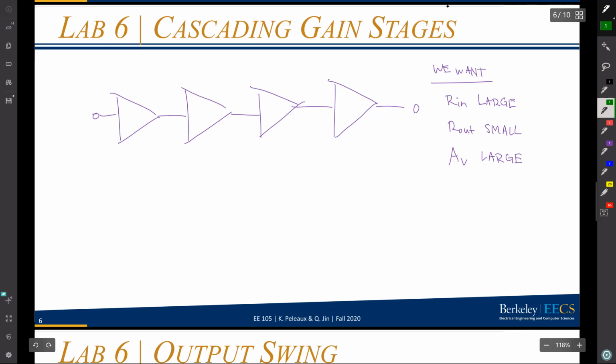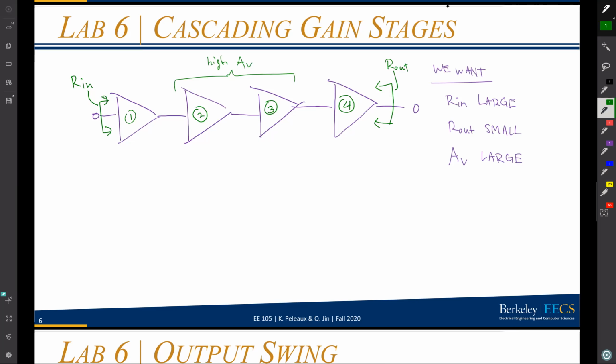And so that tells us that this first stage needs to have high input resistance. And then that tells us that the 4th stage should have small output resistance. And then the middle 2 stages, this is probably where we're going to get our voltage gain.